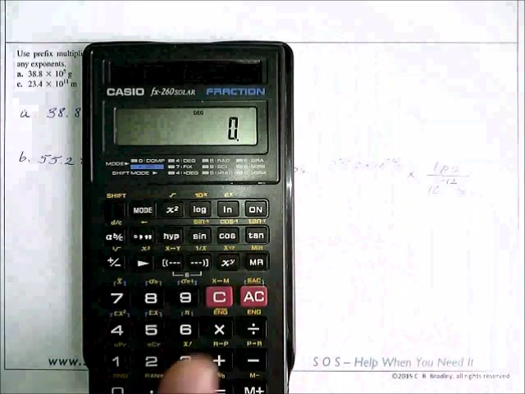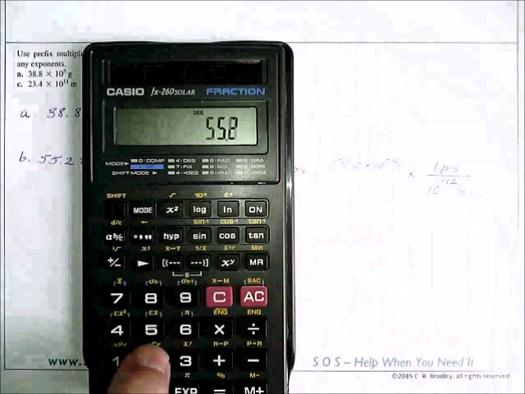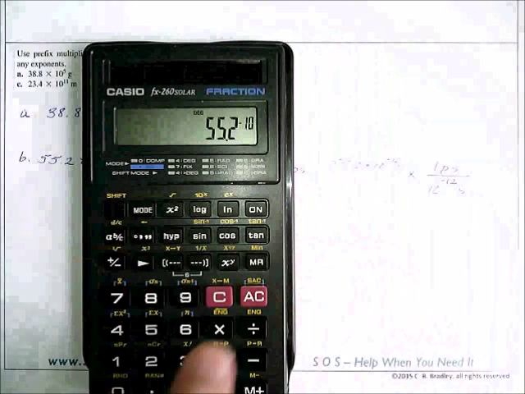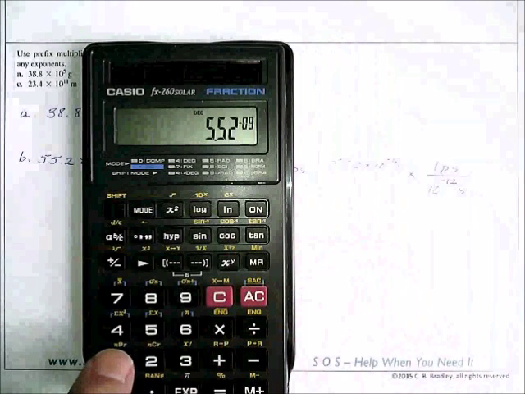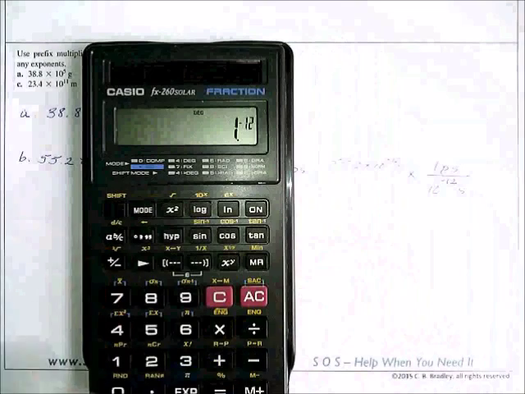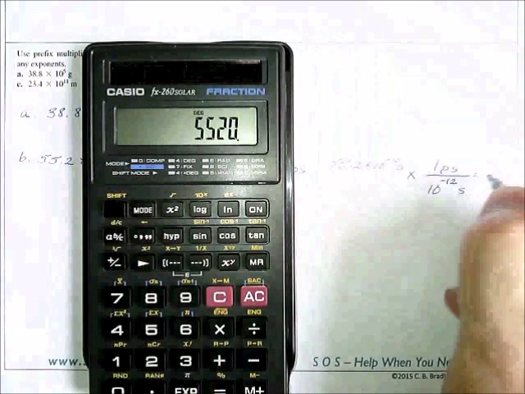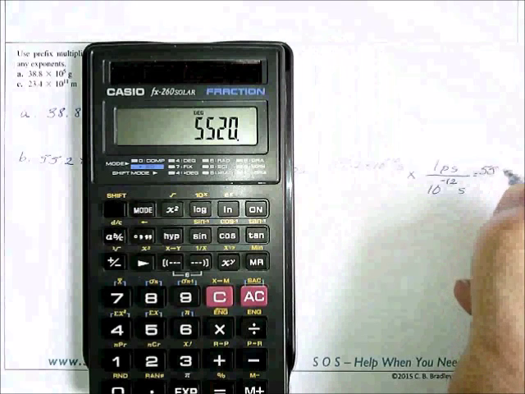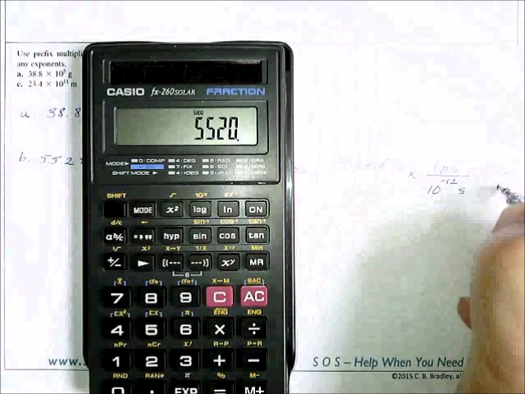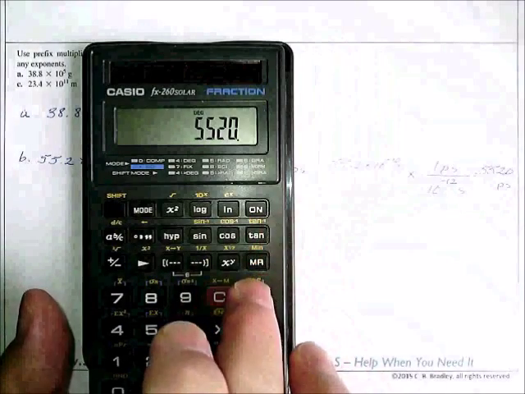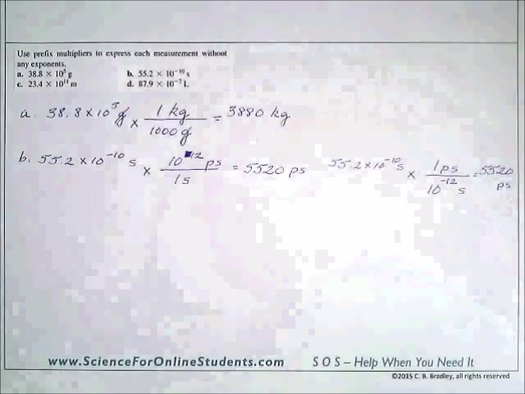So 55.2 exp 10, change sign, divide by 1 exp 12, change the sign, equal 5520. So we can do it either way and still get the same answer.